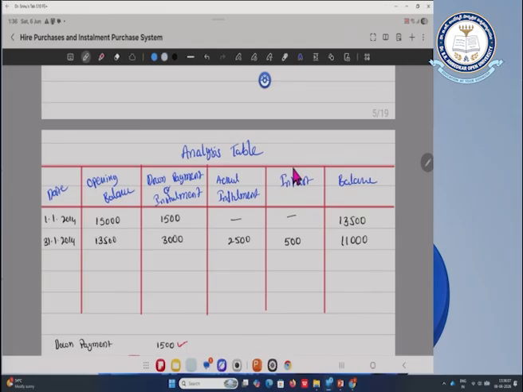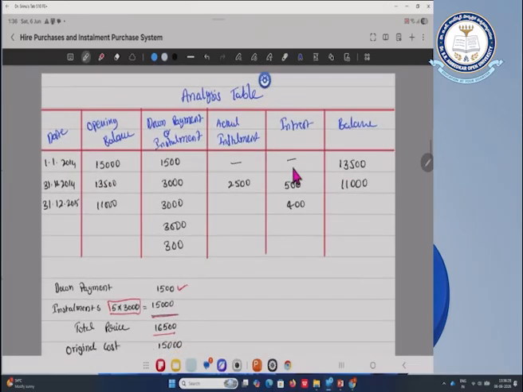Next year, 31st 12 2015. 11,000 rupees is the balance. We paid 400 interest, and the total installment is 3,000 every year, the same, until the 5th year.